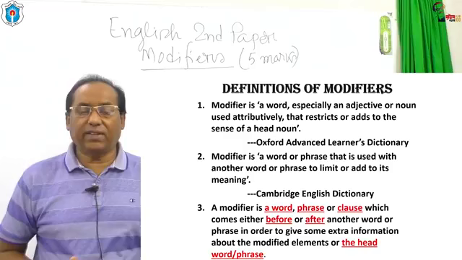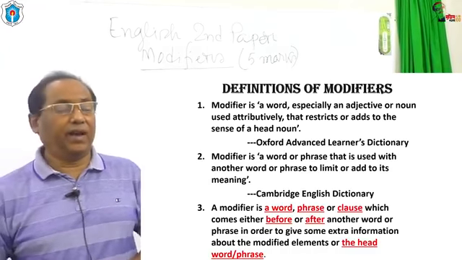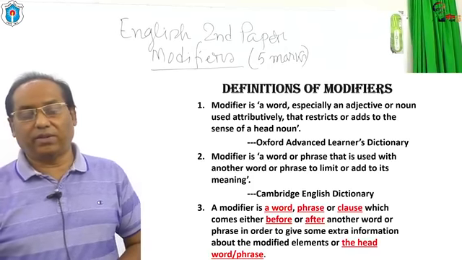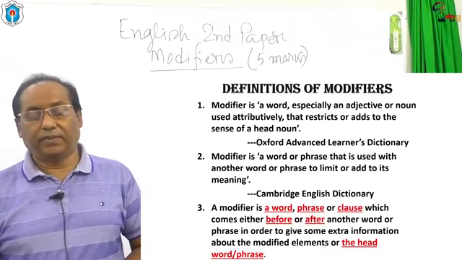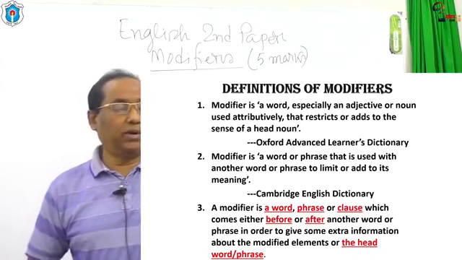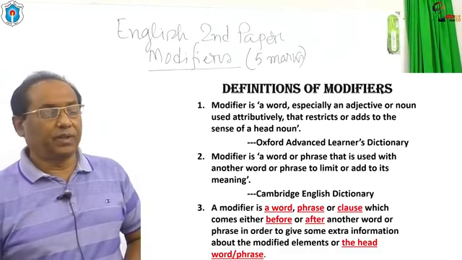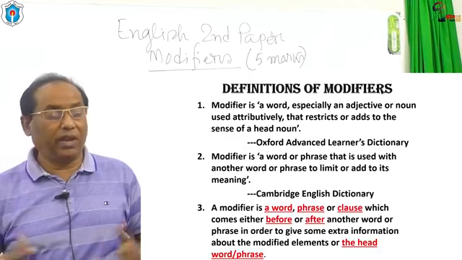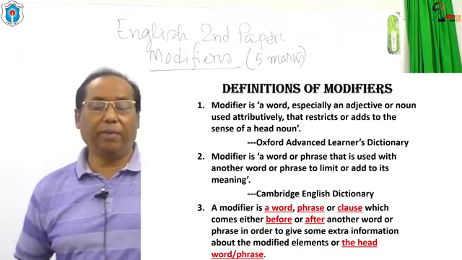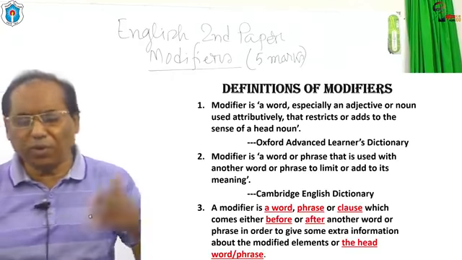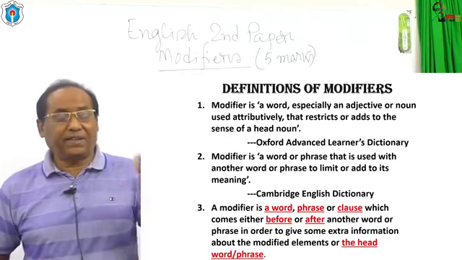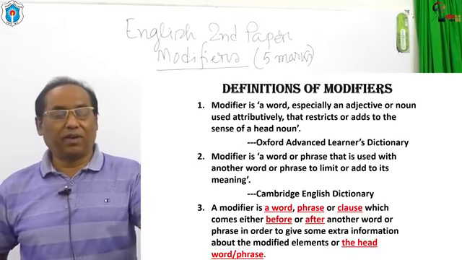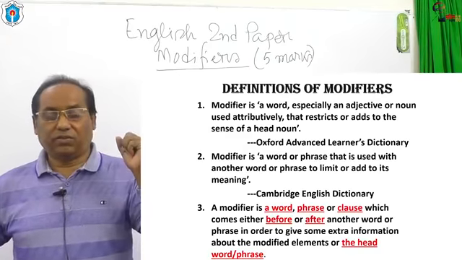Next, you can see the definition given by another dictionary, that is Cambridge English Dictionary. Modifier is a word or phrase that is used with another word or phrase to limit or add to its meaning. Almost the same, but there is some modification in the definition of Cambridge Dictionary.